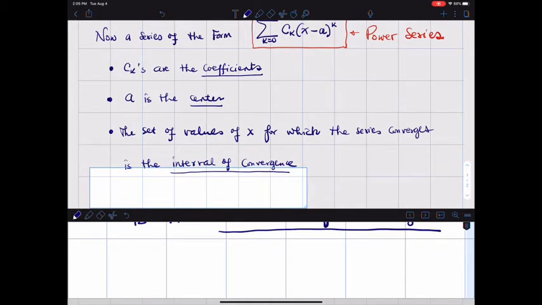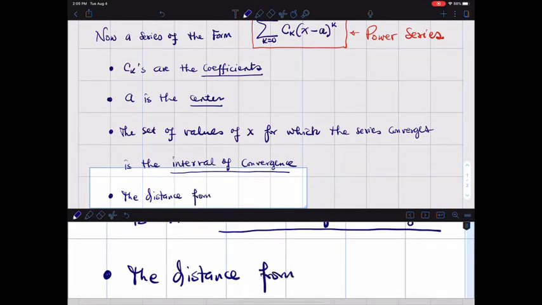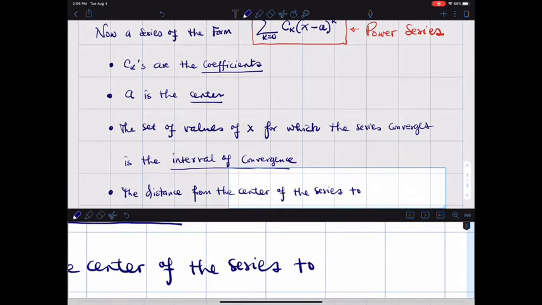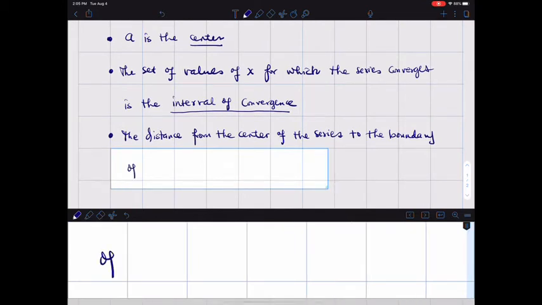All right, something else we can think of is the radius of convergence. This is the distance from the center of the series to the boundary of the interval of convergence.